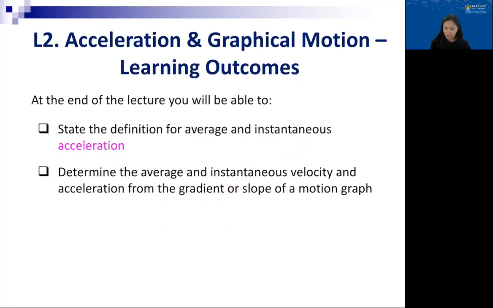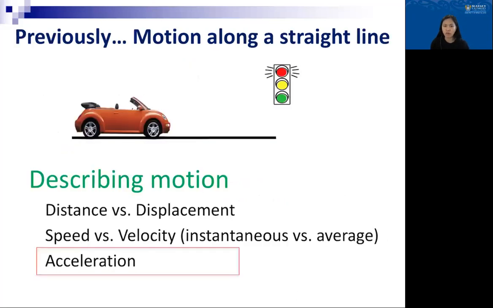And so that's the topic of graphical motion. For this lesson, we'll first look at determining the slope of the graph in order to determine some quantities that describe the motion of the object.